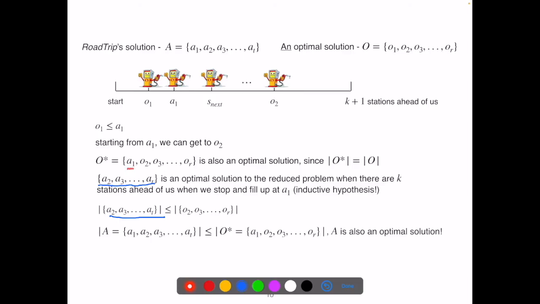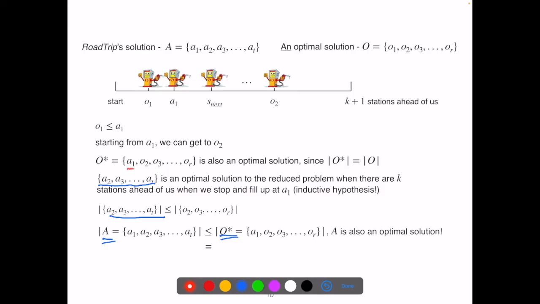Since adding A1 to both these sets gives A and O star, it is clear that the cardinality of A is no greater than that of O star. Since O star is an optimal solution, we know the cardinality of A must be equal to that of O star. Thus, A is also an optimal solution.